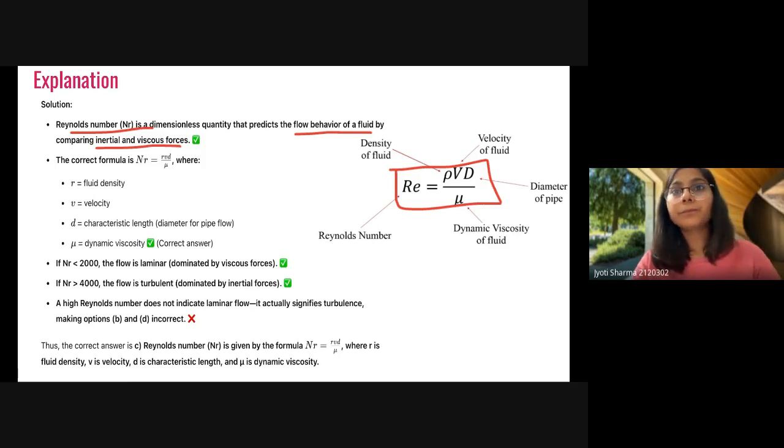For example, we have a bacterial cell and we also have a eukaryotic cell, and if we are talking about the movement of a particular cell, either bacteria or the human cell, then we have to see whether the movement is controlled by inertial force or by viscous force.